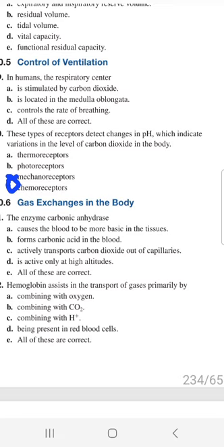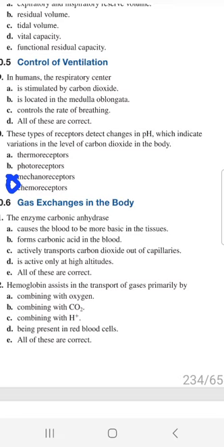And what happens is that carbonic acid dissociates into hydrogen ions and hydrogen carbonate. So actually, since hydrogen ions are released into the blood, it makes the blood more acidic, and it forms carbonic acid in the blood. Again, yes, it is correct.